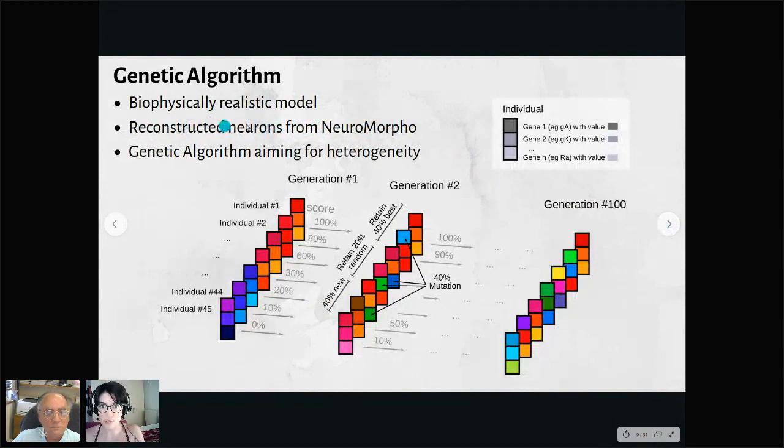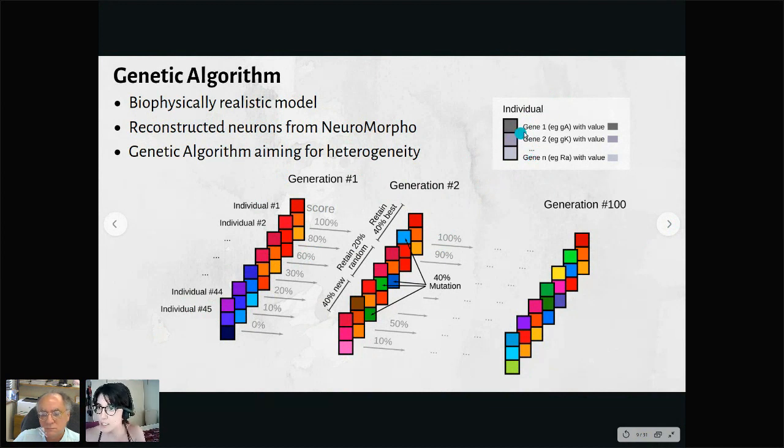We took a reconstructed neuron from NeuroMorpho and performed a genetic algorithm looking for this heterogeneity. And the genetic algorithm goes as follows. We had a number of individuals, 45, and each individual is defined by a set of computational genes.